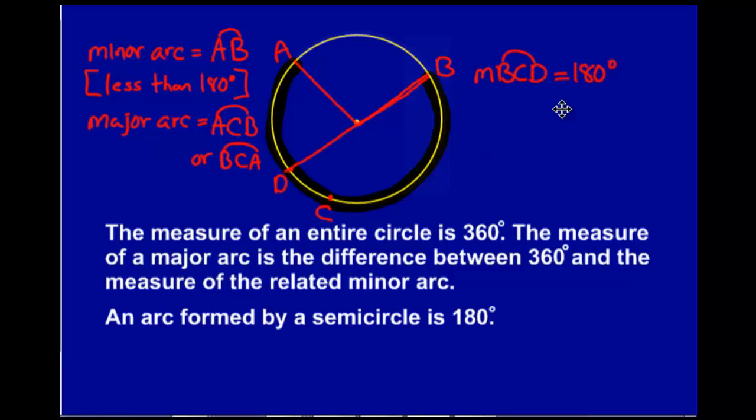That's going to be very helpful to remember, because we're going to start needing some information along the way, and this is one of the things we want to keep in mind: half of a circle is 180. We call that a semicircle.